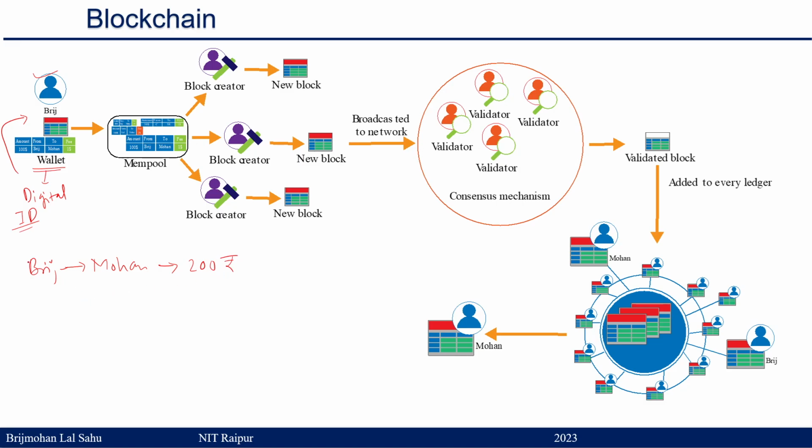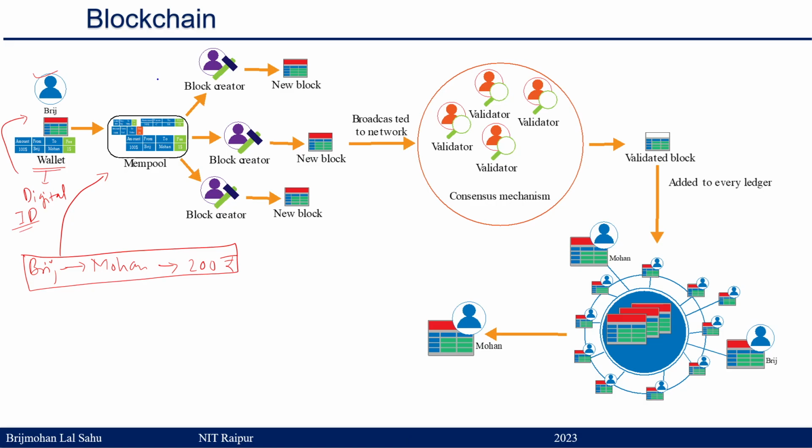He will create this transaction and submit it to the mempool, a transaction pool. Similar to Bridge, there are several other users of the network. They also create transactions and submit them to the mempool.